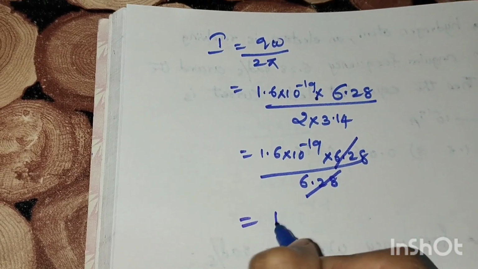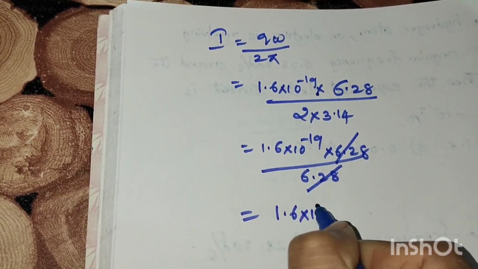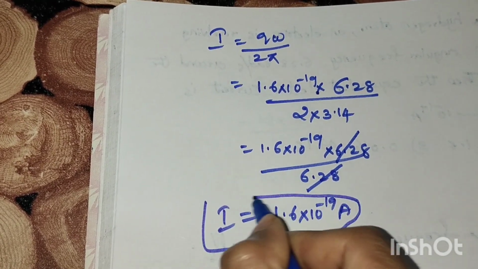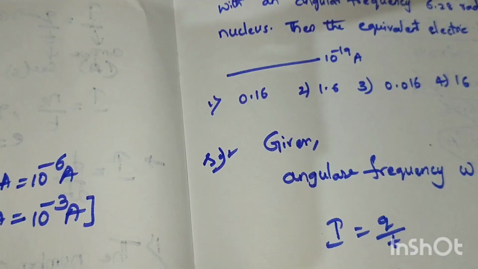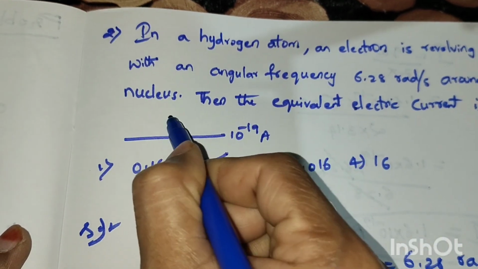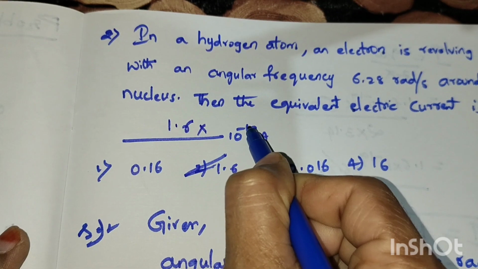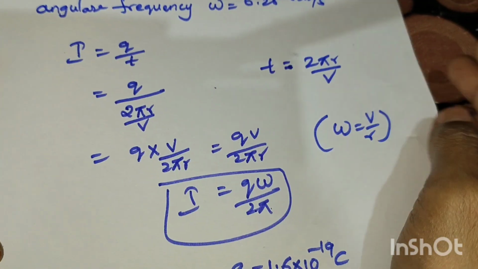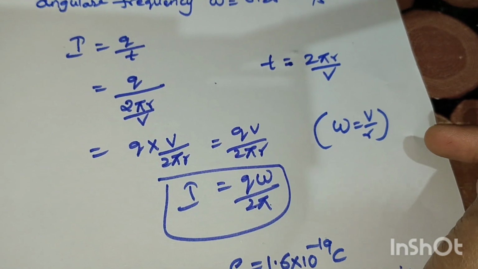You will get the answer as 1.6 into 10 power minus 19 ampere. So this is the value of current here. So the correct option will be 2, 1.6 into 10 power minus 19 ampere. In this way you will calculate the value of current.